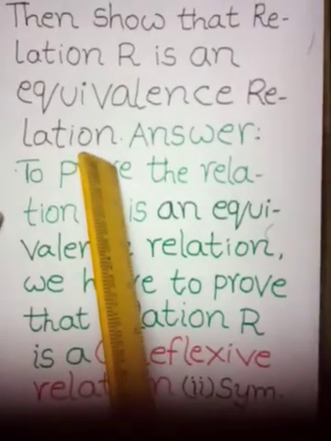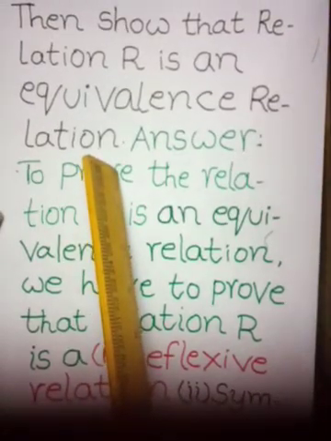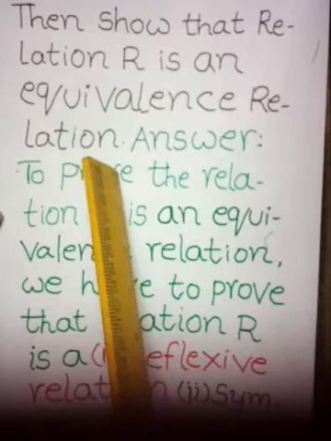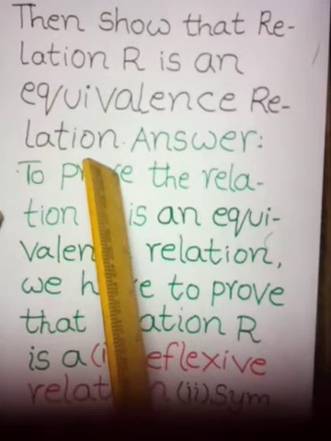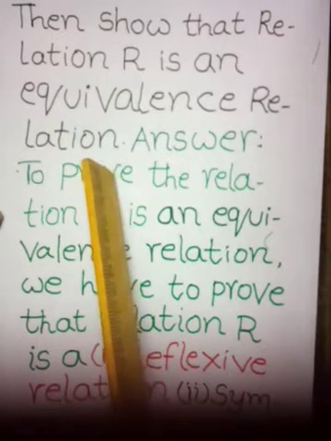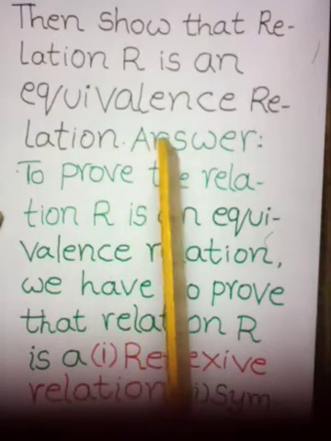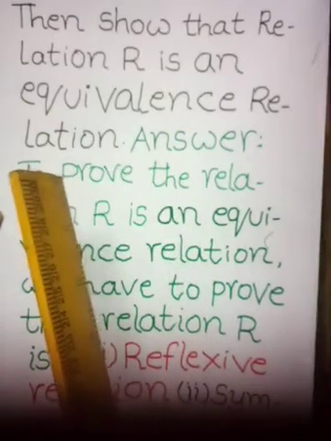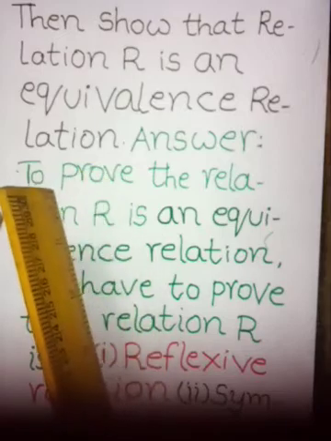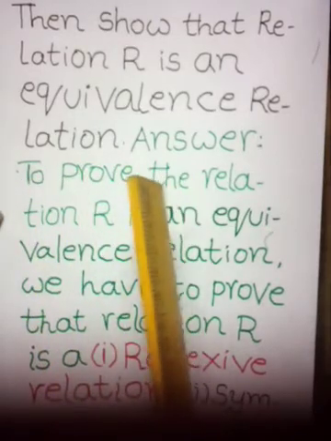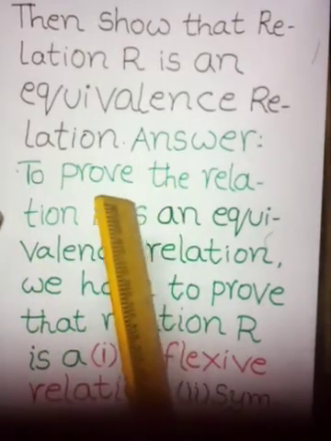Now let us recollect the definition of an equivalence relation. When is the relation R said to be an equivalence relation? If the relation R is reflexive, symmetric and transitive, then the relation R is said to be an equivalence relation.